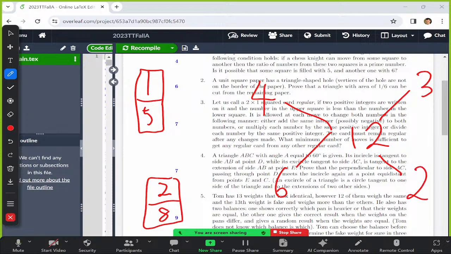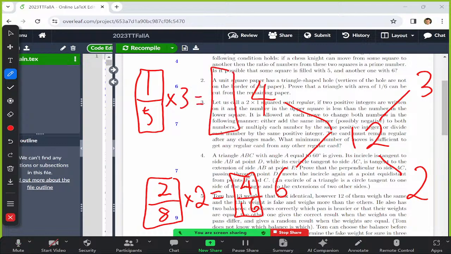So I'm timesing this by 2 to get 4, 16, and I'm timesing this by 3 to get 3, 15. What do you notice about 3, 15 and 4, 16?